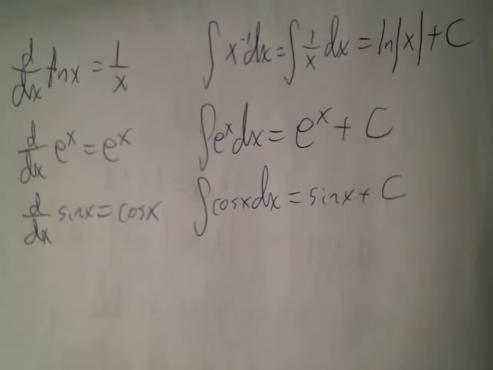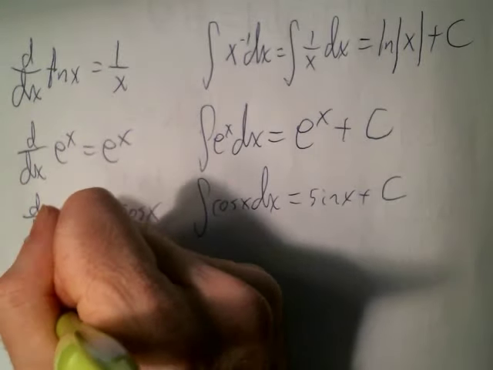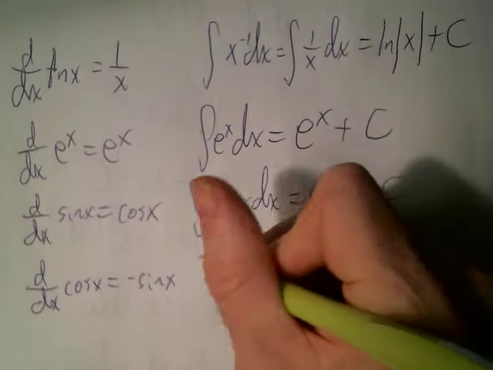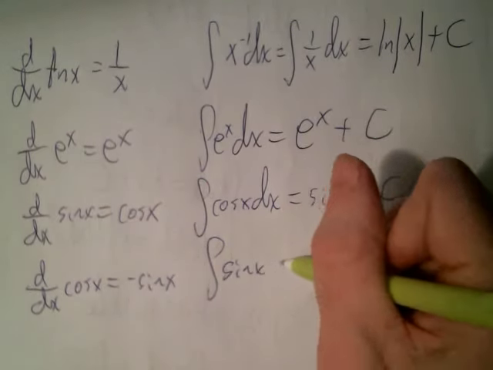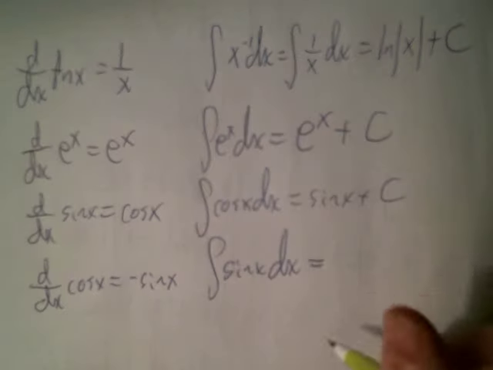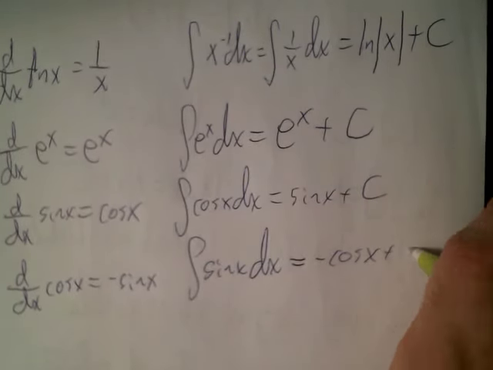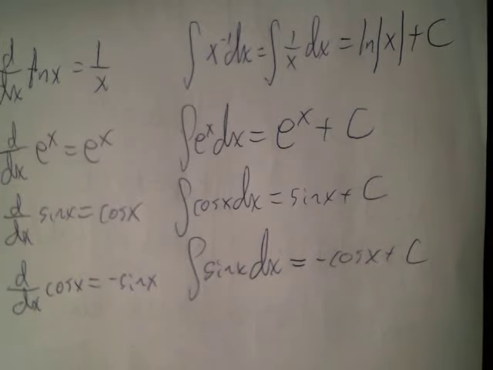The one that always screws people up, I guess: the derivative with respect to x of cosine x is negative sine x. So when you integrate sine x, you're not going to get cosine, you're going to get negative cosine. If you know derivatives, you can just reverse the process, and that gives you a whole bunch of integrals. We want to walk you through some of these.